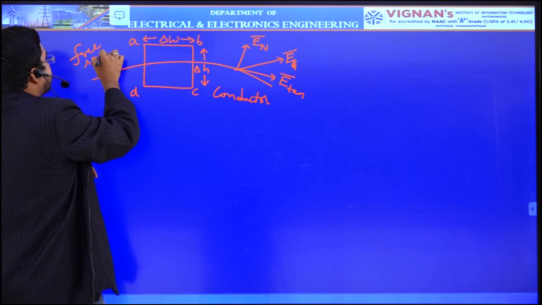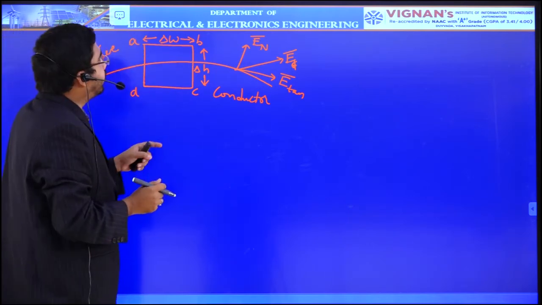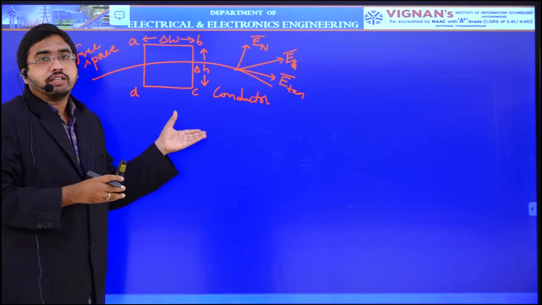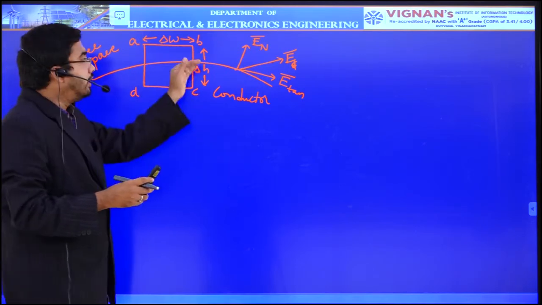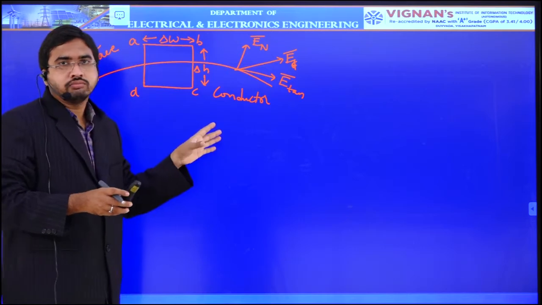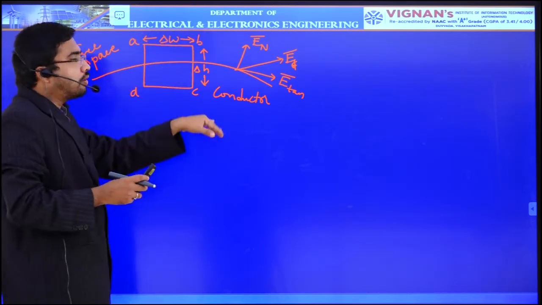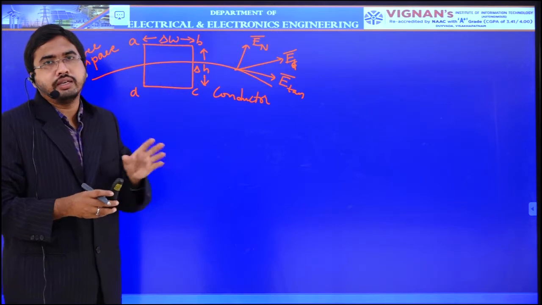and this is your free space. So already we have assumptions that inside the conductor your E bar, D bar and rho v are 0. So only at the boundary and above you can consider; below quantities will become 0 for E bar and D bar.